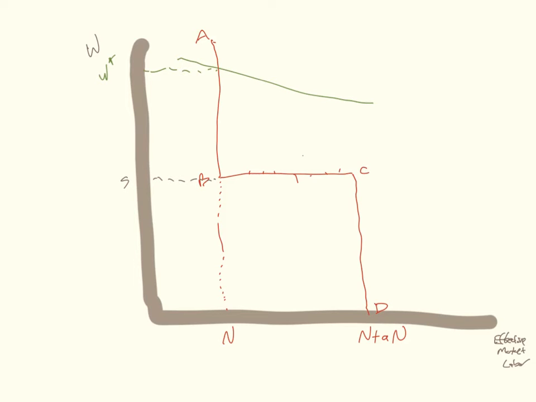We can think of a different, similarly simple equilibrium with an alternative labor demand schedule. We'll call our high labor demand A, this is our low labor demand B. Oh, maybe I don't want to do that because I already have a B, so we'll call this alpha and beta.